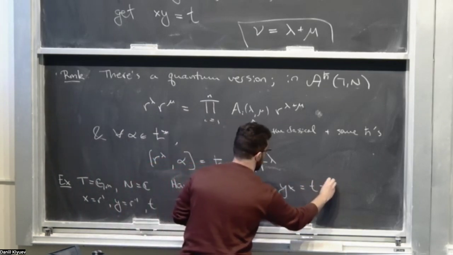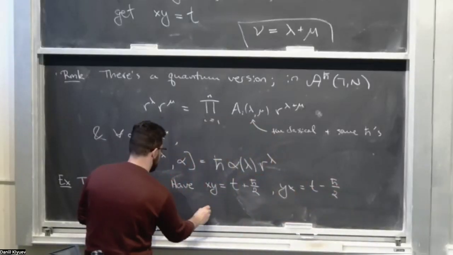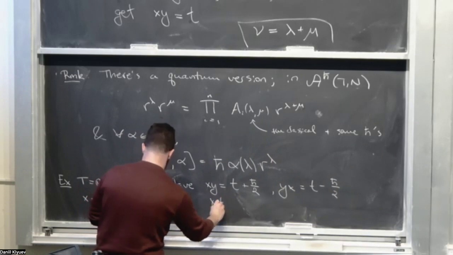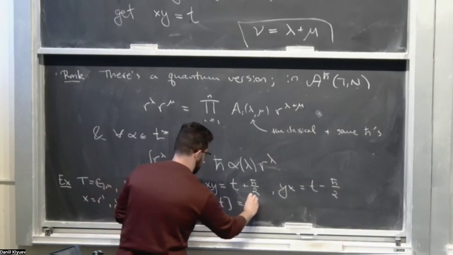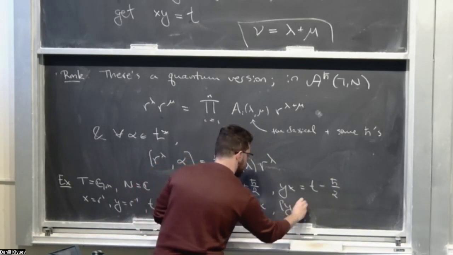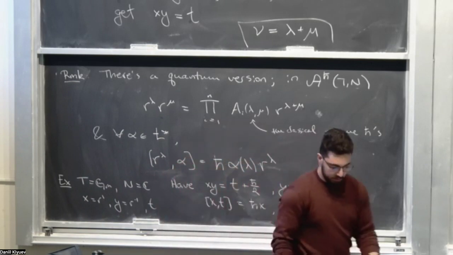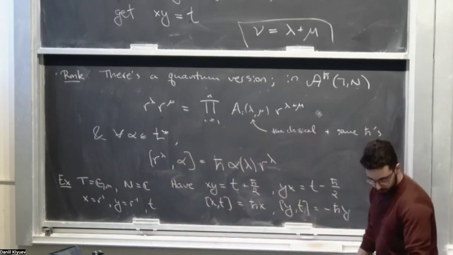YX is T minus H bar over 2, so you can compute the commutator. Well, it's H bar. And then X and T commute to H bar X, Y and T to T minus H bar Y. So you get a Weyl algebra.